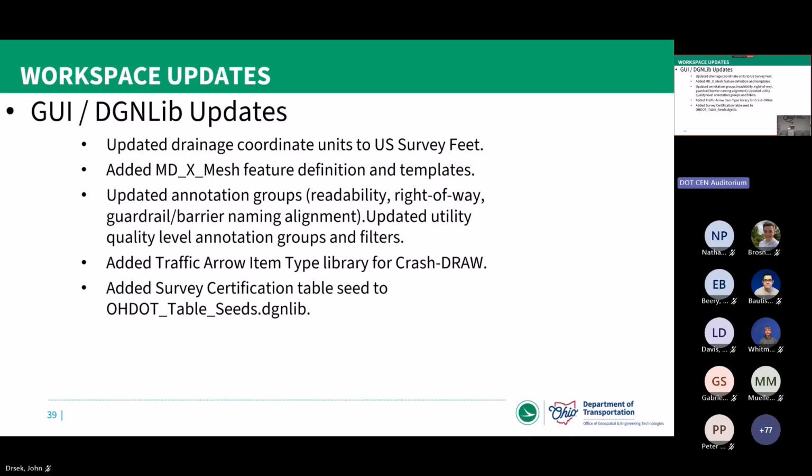We updated annotation groups, pretty much for readability, and then things such as right-of-way, guardrail and barrier, naming, alignments, and then we updated utility and quality level annotation groups and their filters. And then we added a new traffic arrow item type library for Crash Draw. We also added a survey certification table seed to what we call the OhioDOT table seeds DGN library.